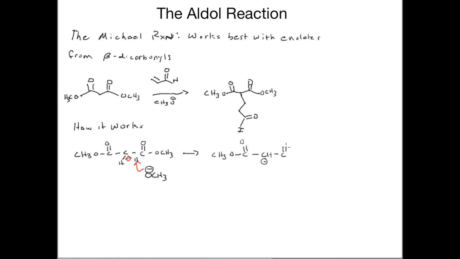And now you can see that the donor here, the one that has a negative charge, is going to go and add to this in 1,4 fashion. And then this is going to kick the electrons over and push those guys up onto the oxygen.